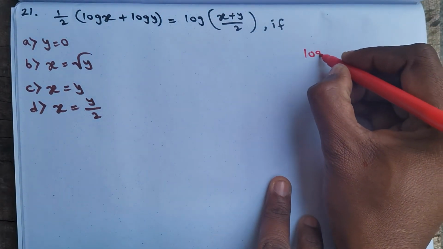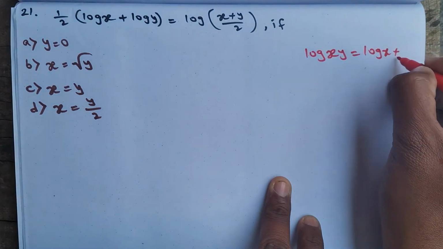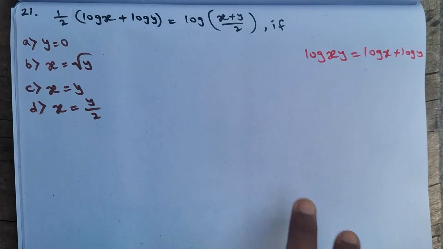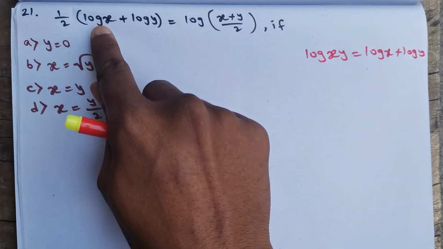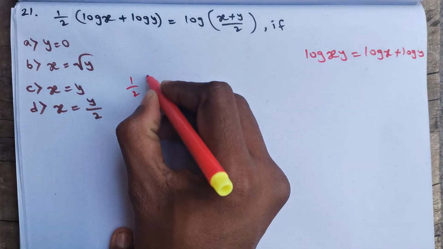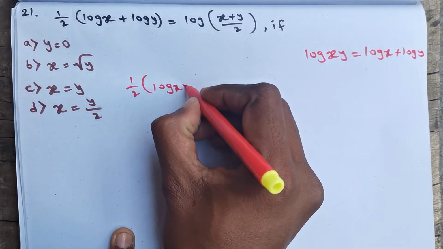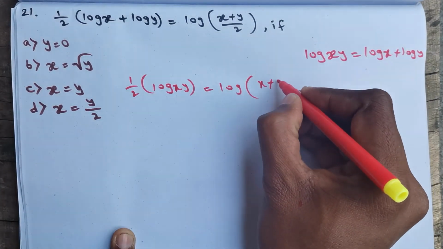We know one formula: log xy is equal to log x plus log y. So here we have log x plus log y, which is nothing but log xy. So half into log xy is equal to the right side as it is, log of x plus y by 2.